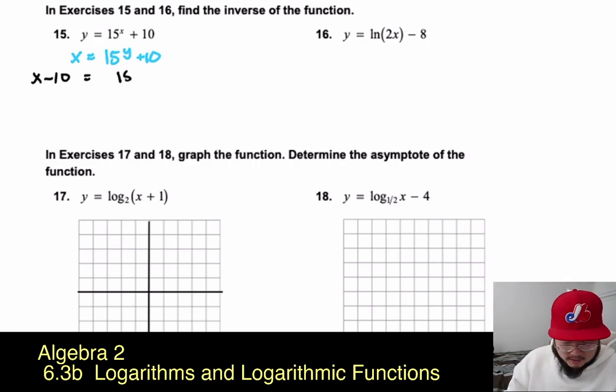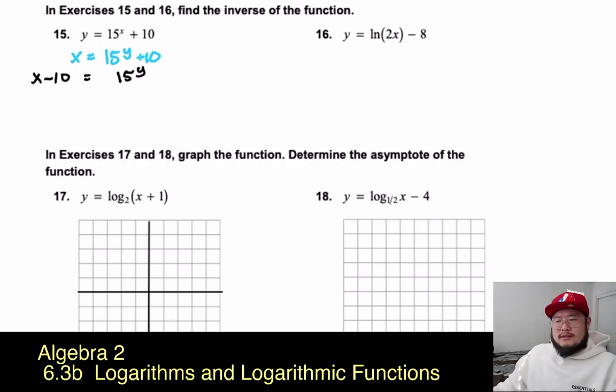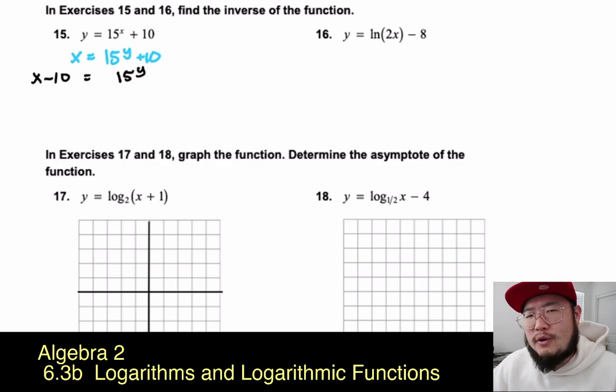All right, so now we got to figure out, well, how am I going to bring that y down? That's where we take a look at some of the examples that we just looked at, some of the extra problems, looking maybe at number 13. What can I do to both sides so that I no longer have that 15 or y as an exponent?